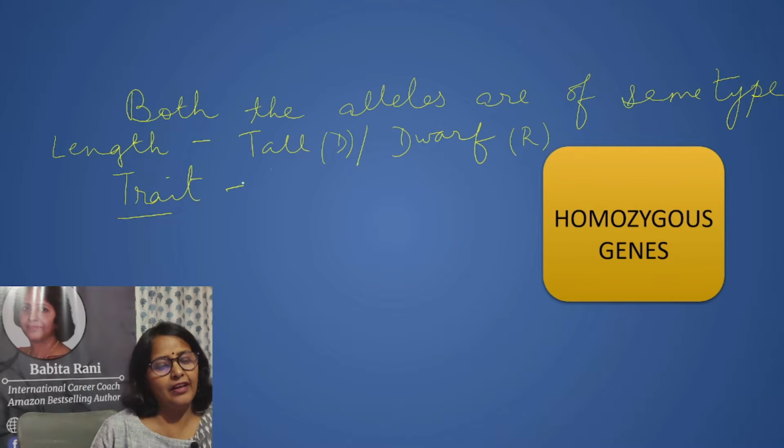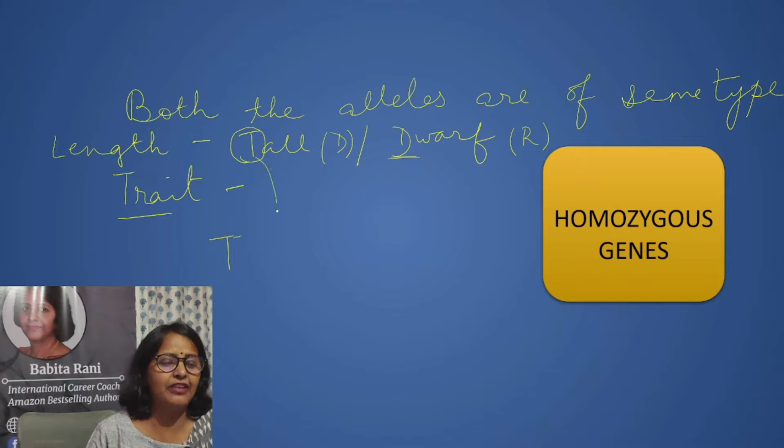So, when we write for alleles, what we do? We take the first alphabet of the dominant, that is, the allele will be written as capital T for the dominant character. For the dwarf character, we do not take the first alphabet.